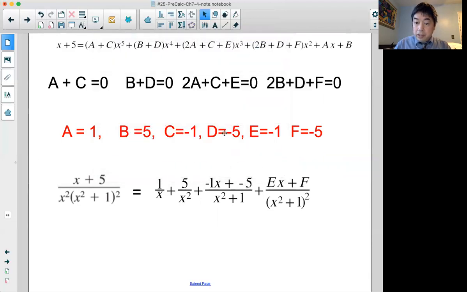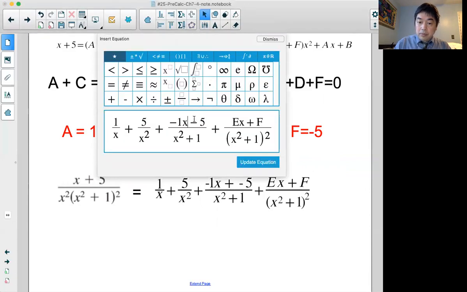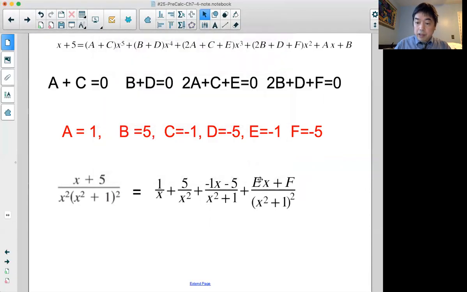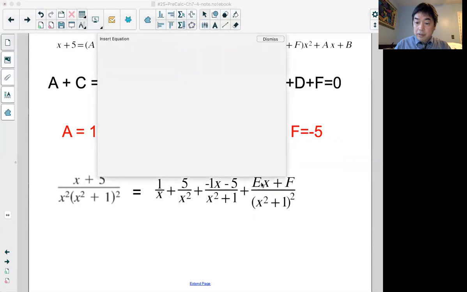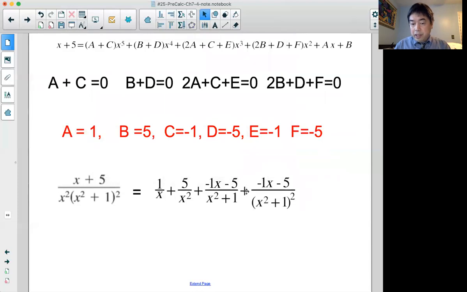So I would change the sign here to subtract. Negative 5, negative 1. Maybe textbook shows if it's negative and negative on the numerator, you can also change this one. But this is my answer.